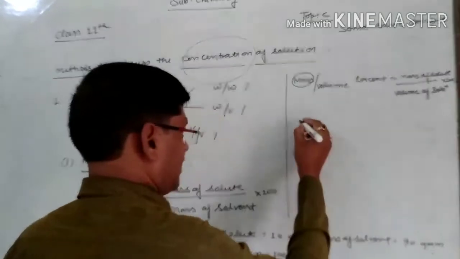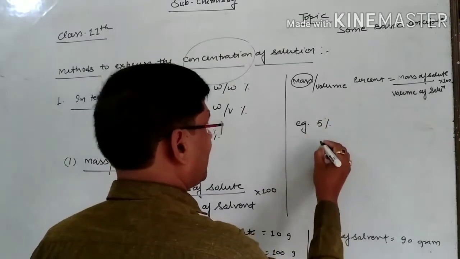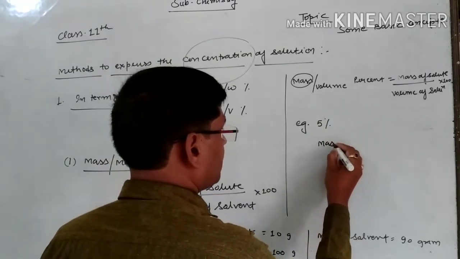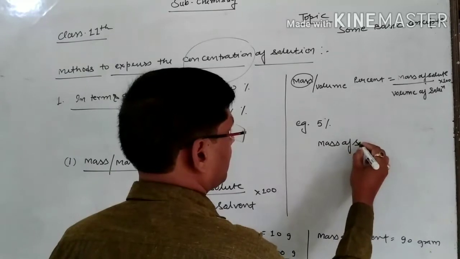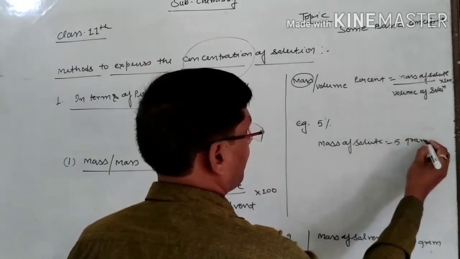Suppose the example is given as 5%. It means the mass of solute is 5 gram.